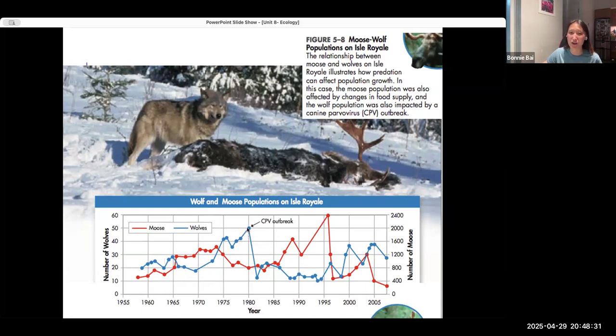But then there was a disease outbreak that brought down the wolves population, which allows the moose population to regain. Then that's a lot of food sources for the wolves, and the wolves are able to hunt the moose, and the moose population goes down again. It's a balance back and forth, and this is an example of a density dependent limiting factor.